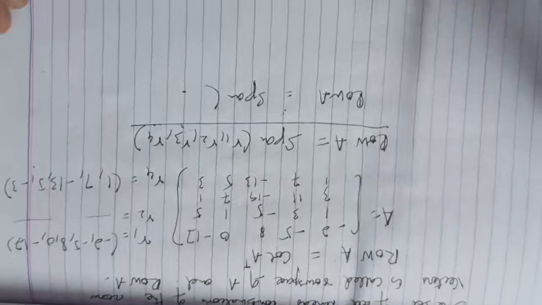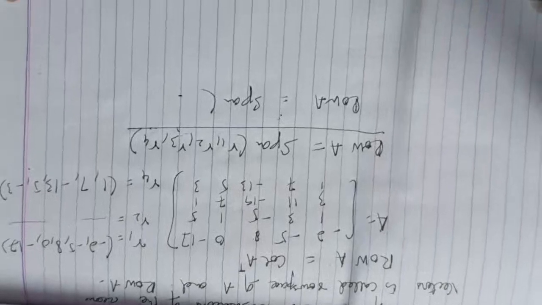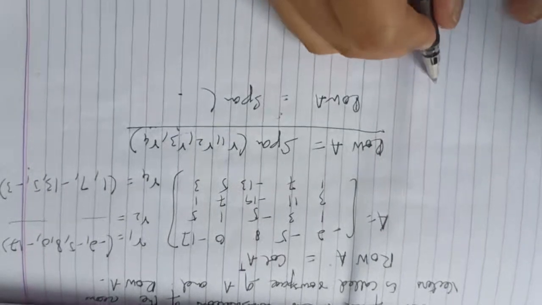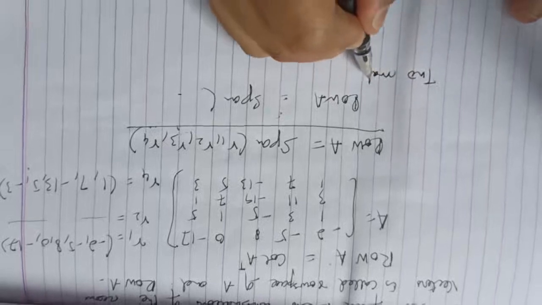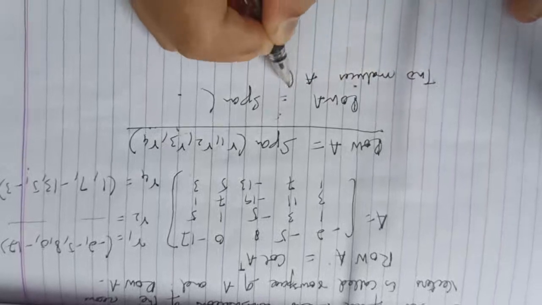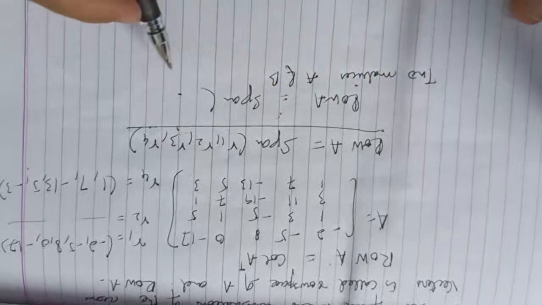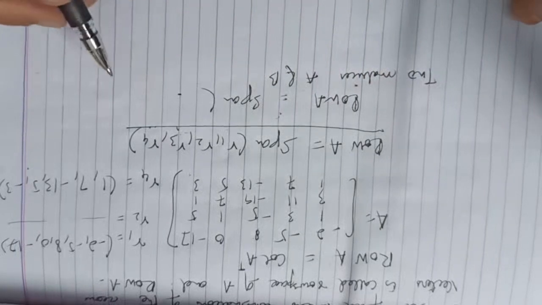Similarly, there is also an associated property of row spaces: if two matrices A and B are row equivalent, then their row spaces are the same.